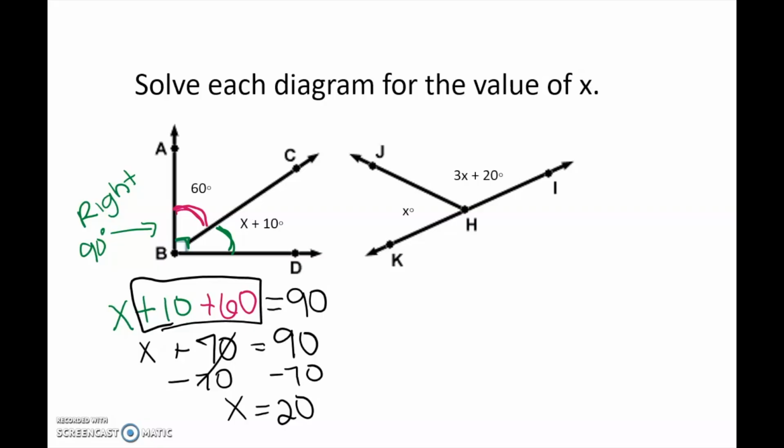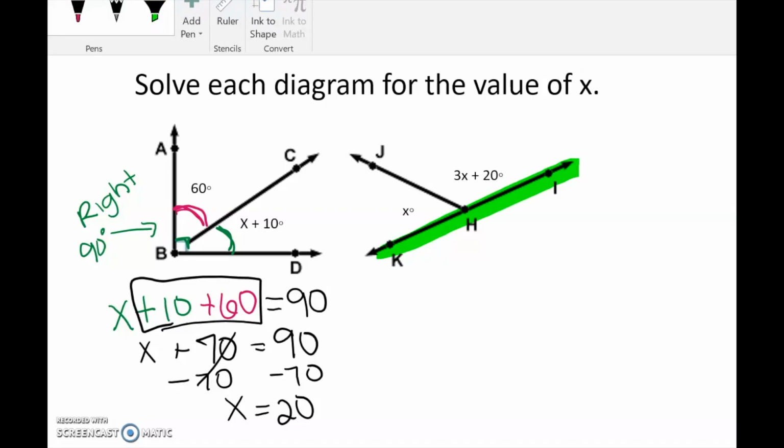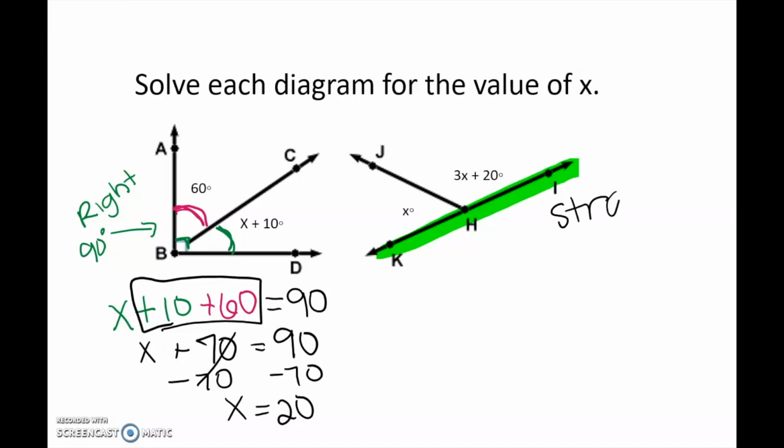Just like that, this next equation is the same idea, except the two angles are adding up to a straight line. And we know that a straight line is 180 degrees.